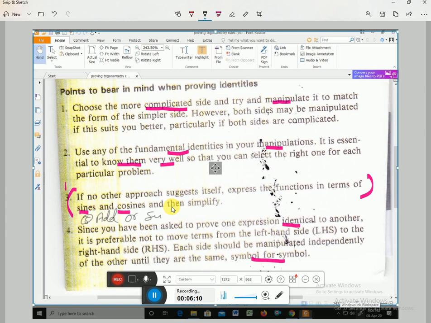Add or subtract the fractions by using a common denominator.